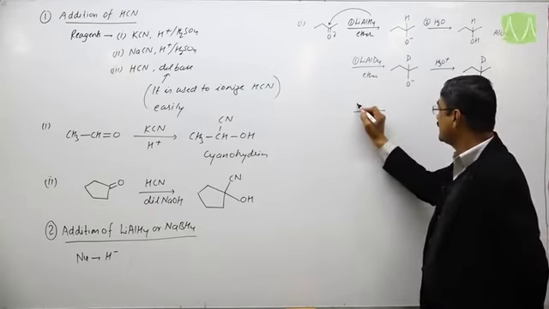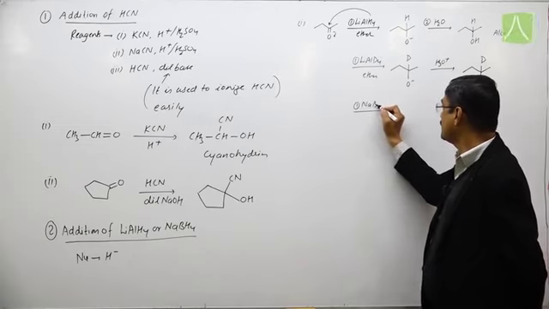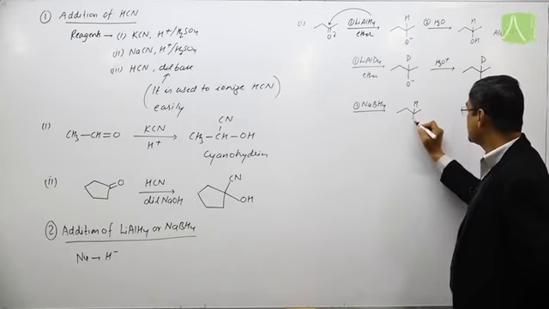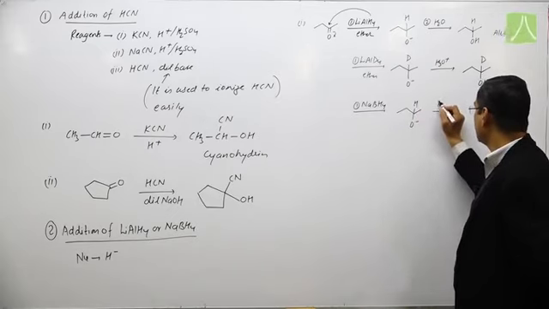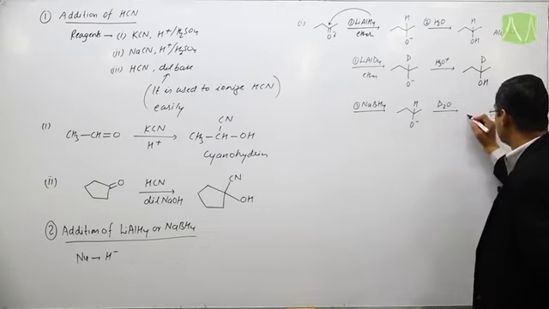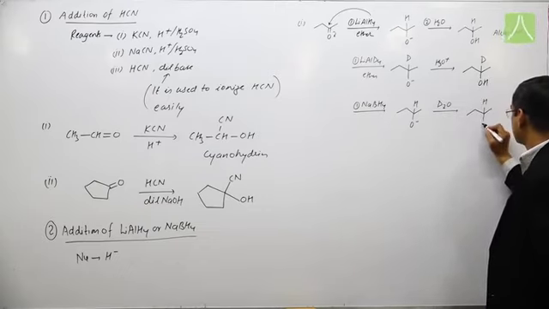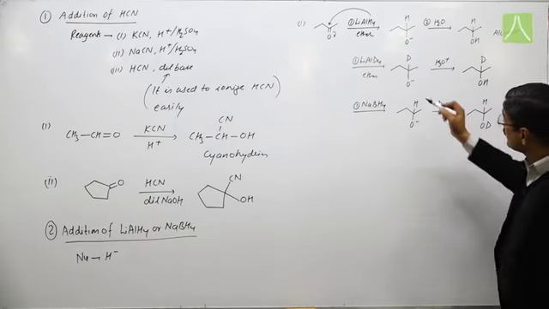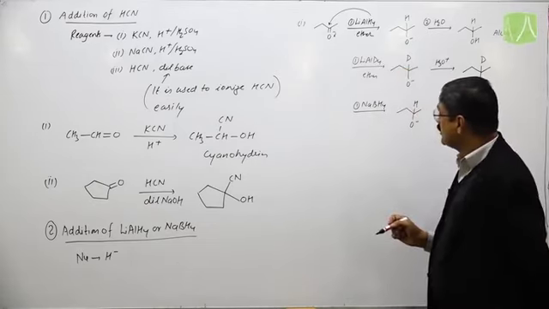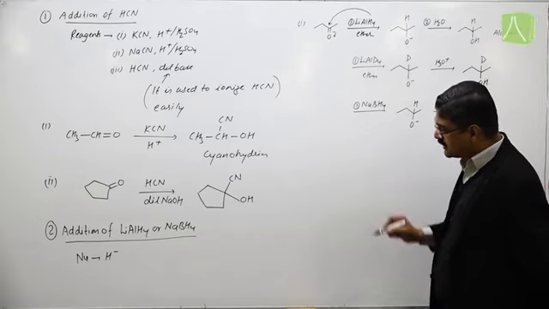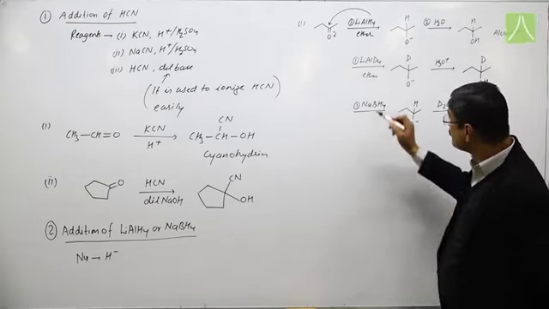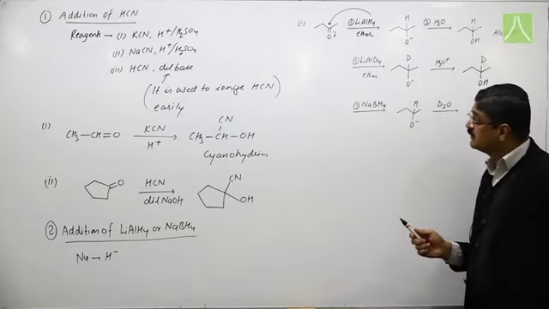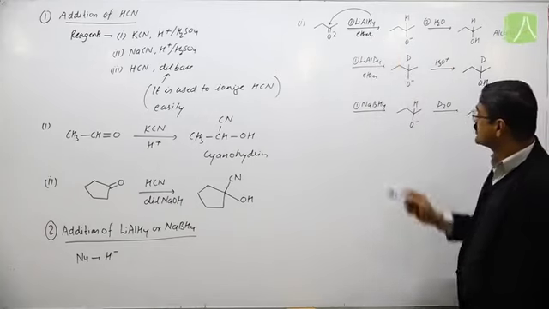Suppose in the same reaction I take NaBH4, then H minus is the nucleophile, and D2O. So OD is the final product. So this is the addition of lithium aluminum hydride or sodium borohydride. It is also known as a reduction reaction because both the nucleophile and the electrophile are H atoms. One is H minus and another is H plus.